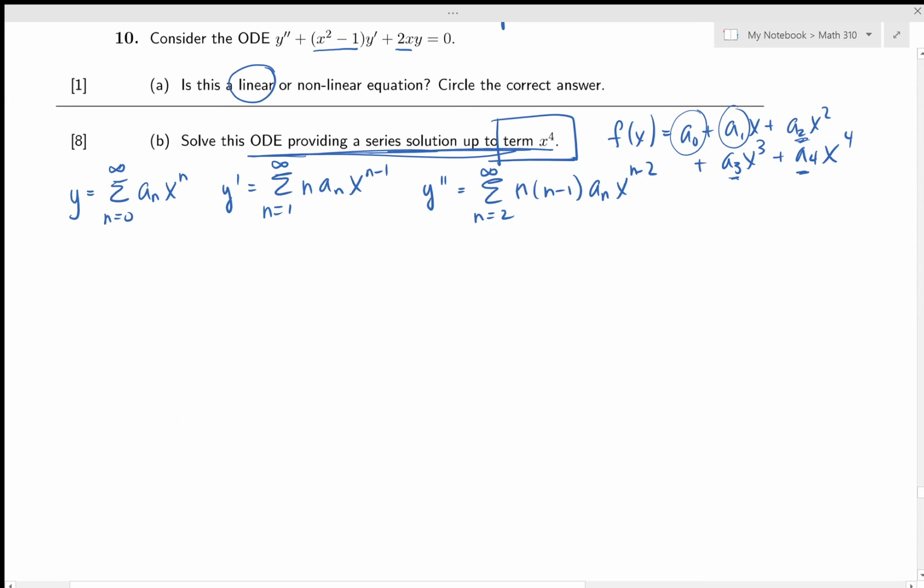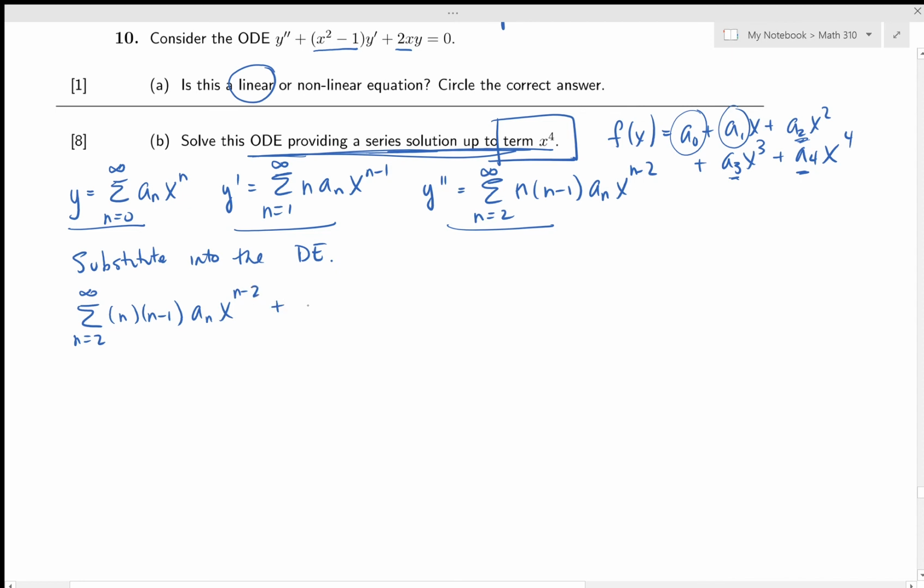Now I substitute into the differential equation. I've assumed the series solution, I've calculated the first and second derivatives, and now I substitute into the differential equation. So that'll be y double prime plus x squared minus 1 y prime.